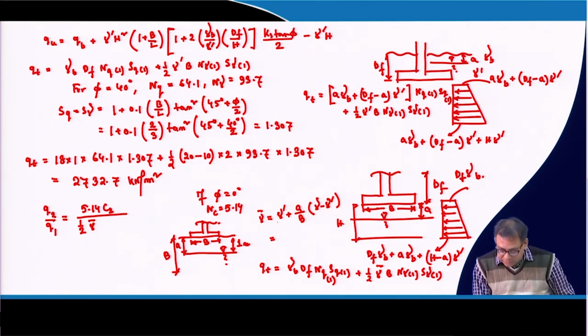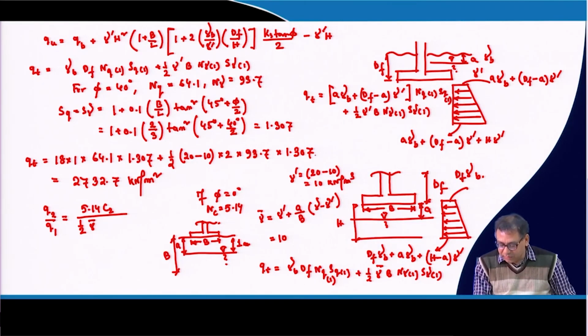So, now if I put, gamma dash is 10, because gamma sat is 20 and unit weight of water is 10. So, this is kilonewton per meter cube, because this is gamma sat and this is gamma W.